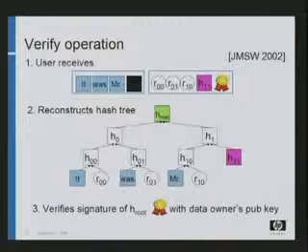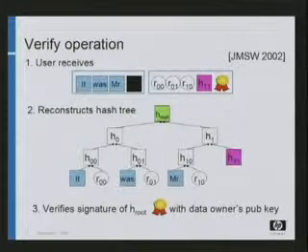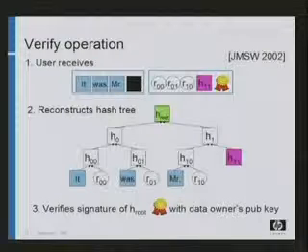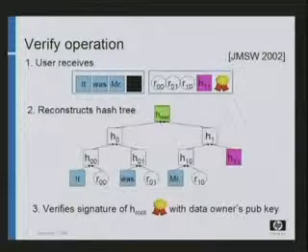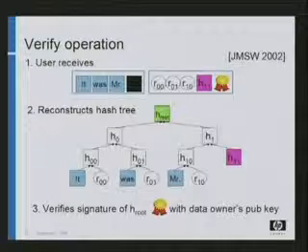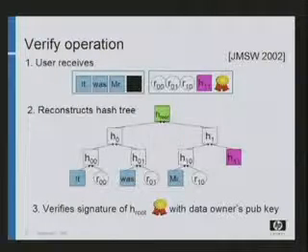Now, for verifying this redacted document, the user will have to do the following. The central idea is to reconstruct the root hash from this redacted document. For the parts that are redacted, the user does not know the leaf nodes of the tree, so the user will use the intermediate hash, H11.